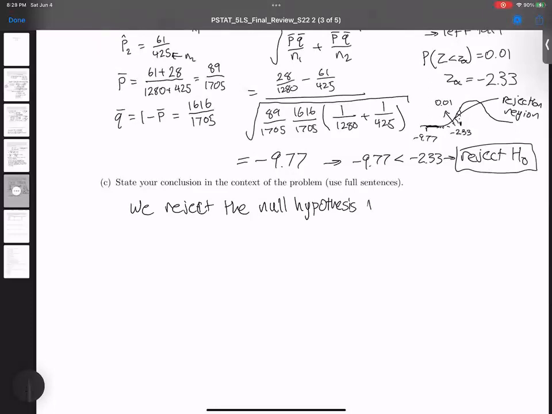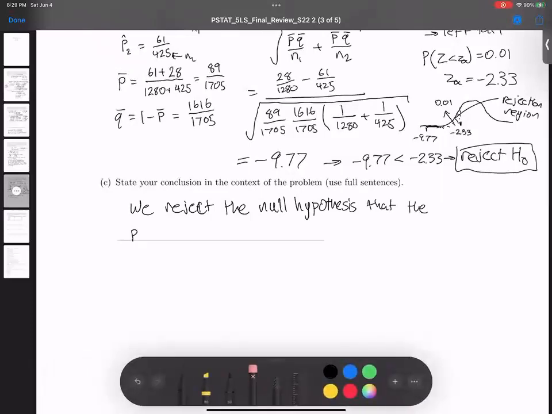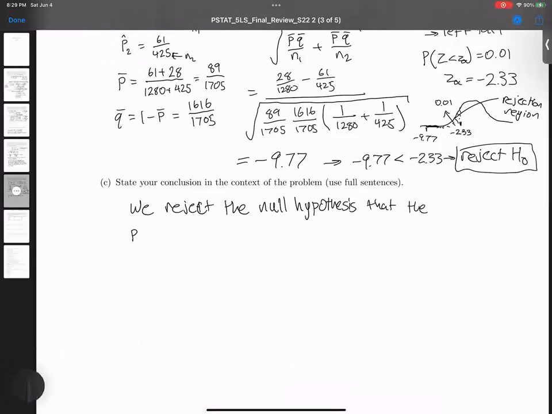We reject the null hypothesis that the proportion of deaths in motorcycle crashes with or without helmets is the same.